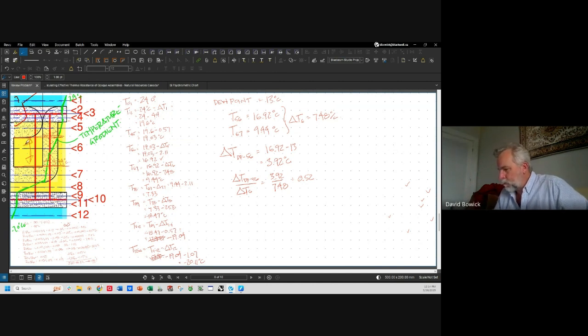The temperature difference between the 5, 6 boundary and the dew point is 52% of the temperature difference between the 5, 6 boundary and the 6, 7 boundary.